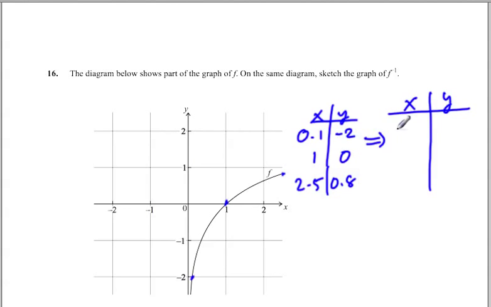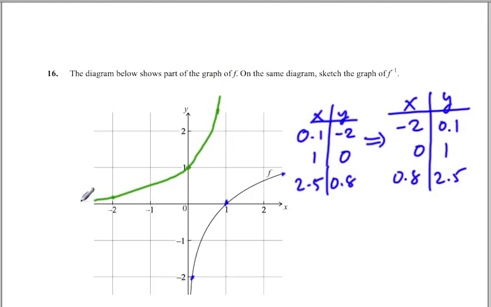So we do that, and so this is negative 2, 0.1, 0 and 1, and this is 0.8 and 2.5. All right, so let's sketch this out. This is negative 2, 0.1, so it's like that. This is 0 and 1, like that there, and 0.8 and 2.5 would be somewhere like that, and if I were to sketch it, it would look something like that.